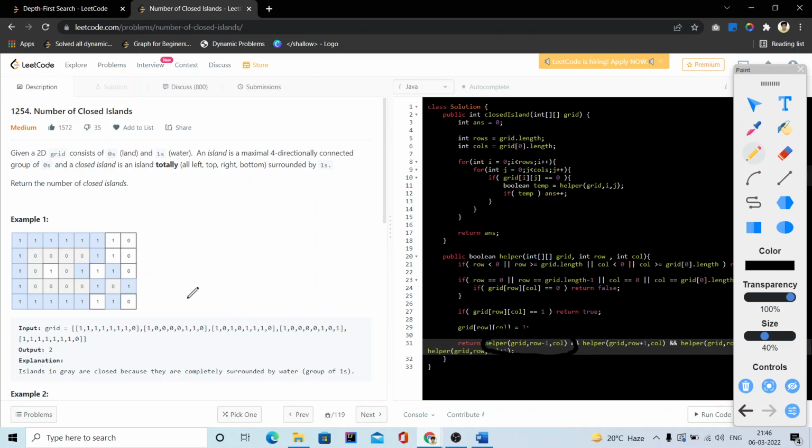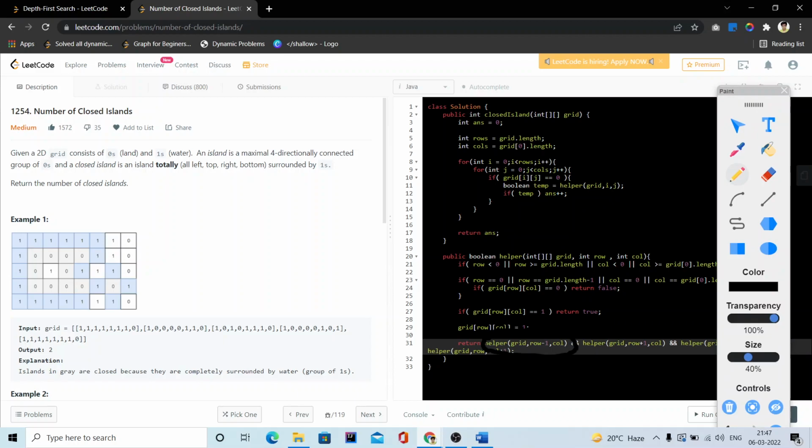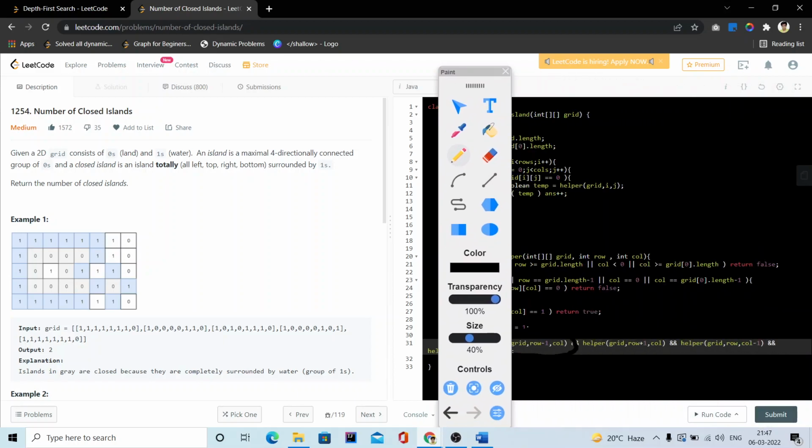So we proved that this is not a closed island. But the thing is, we need to convert other zeros that are connected to this zero. It means we found that this region is not a closed island, but we need to convert all the zeros that are lying in this region to one, so we don't consider them again. So that is why we need to run the other functions also, these other three functions. But what this double and does is, when it encounters one false, it will not evaluate the other helper methods, and so we will not convert the other zeros into ones.